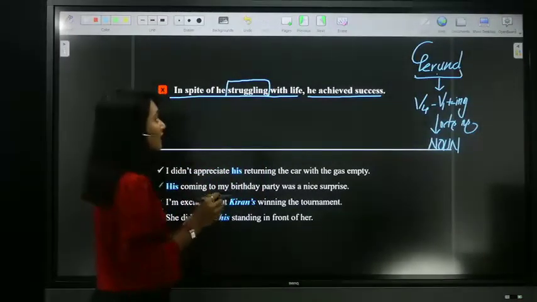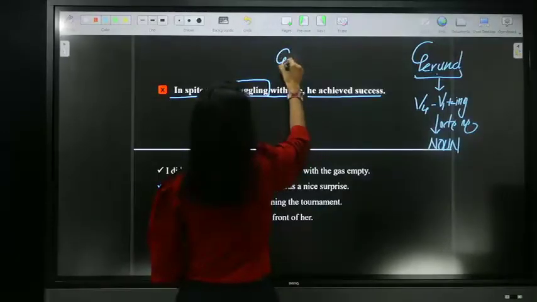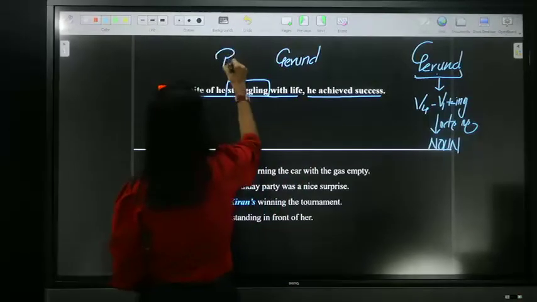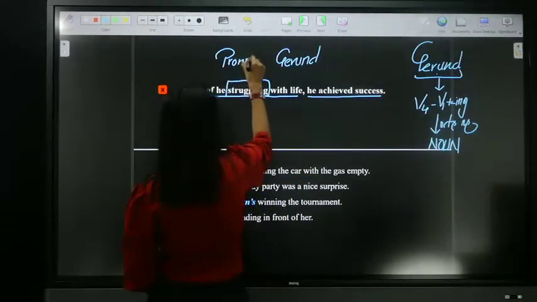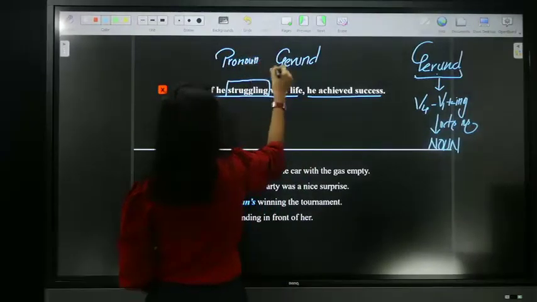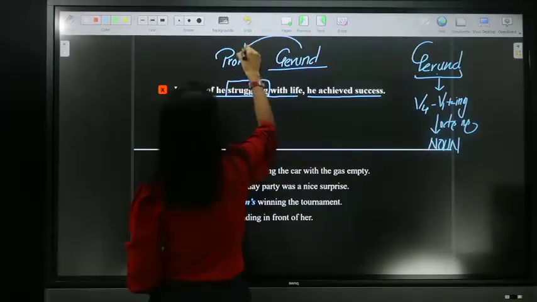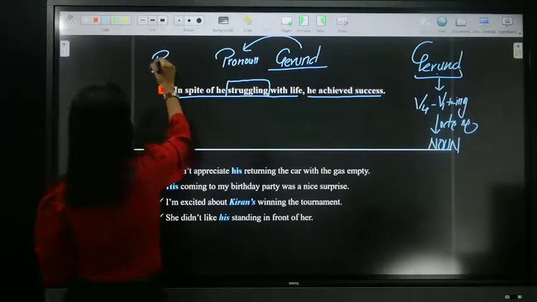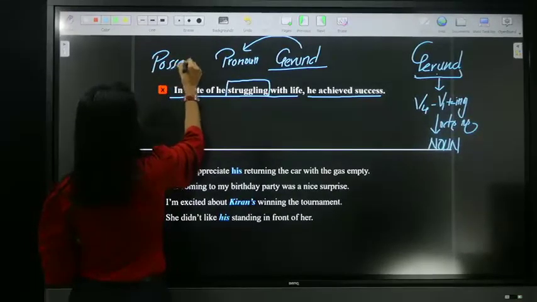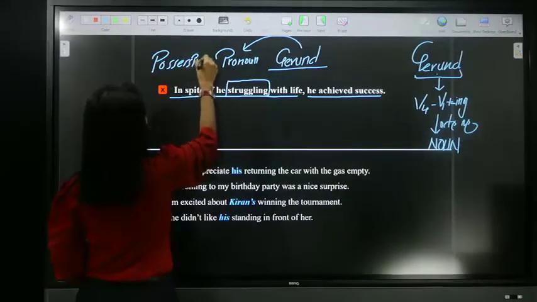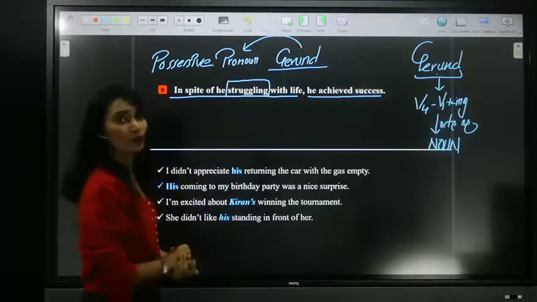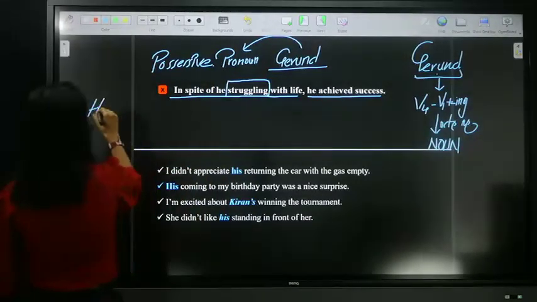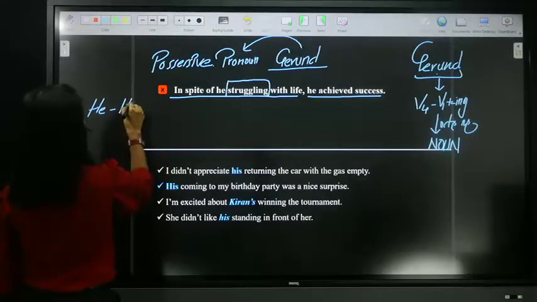So the rule says if there is any pronoun preceded by a gerund, remember the pronoun must always be in possession. That means it should be a possessive pronoun, right? So what is the possessive pronoun for he? It is his.